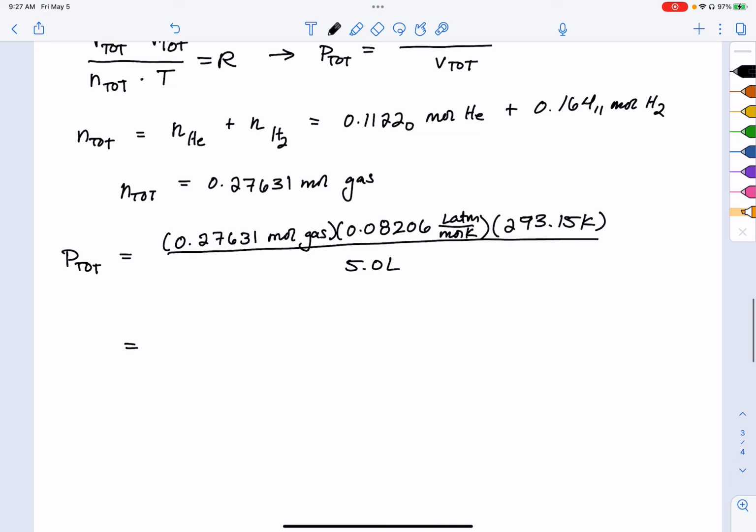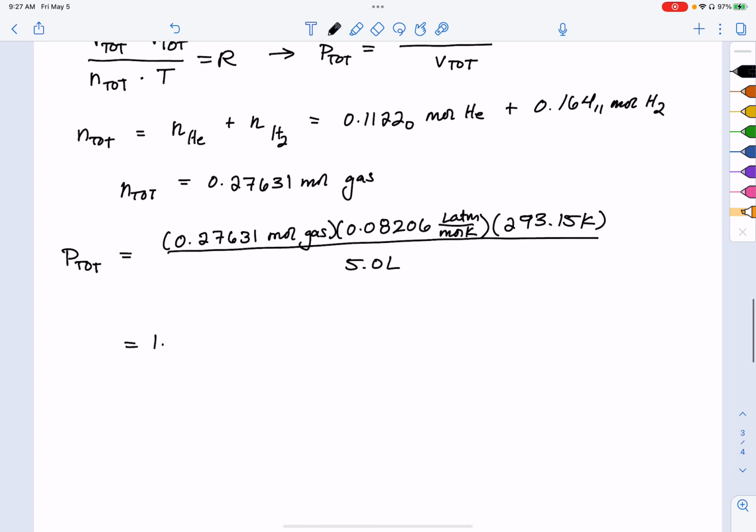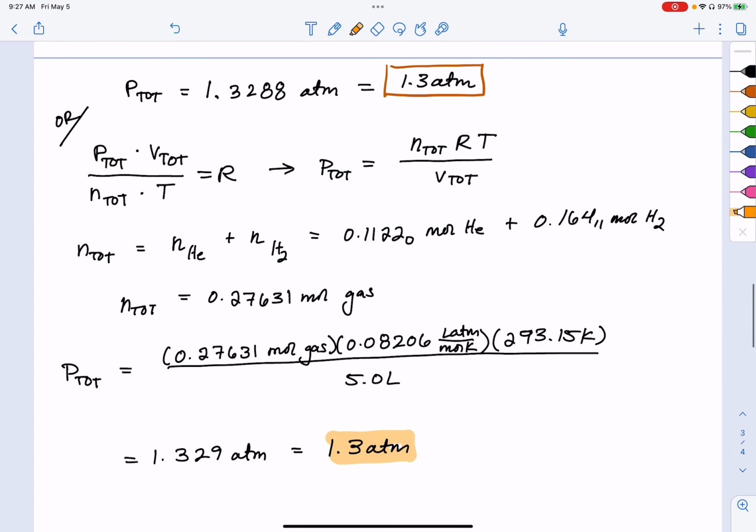I get 1.329 atmospheres, which to 2 sig figs is 1.3 atmospheres. Lo and behold, this agrees with this. So yay.